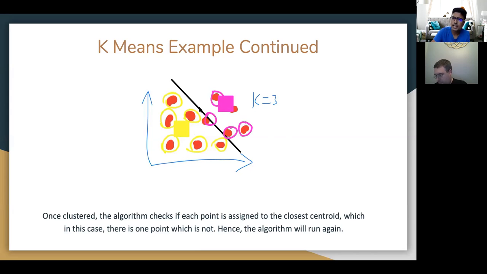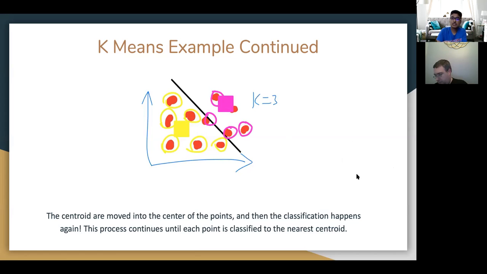However, there seems to be one extreme outlier value. In that case, the algorithm will need to run again. So what does that mean? Well, essentially the centroids are placed into another random position, and then the classification happens again.